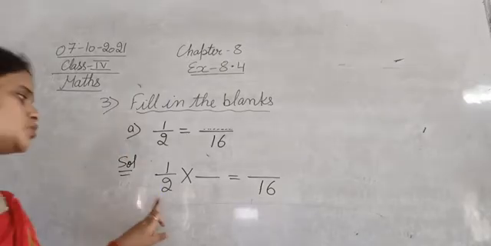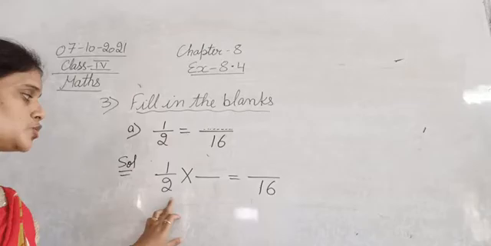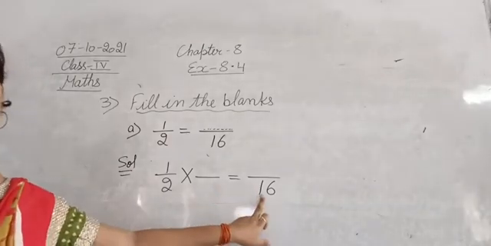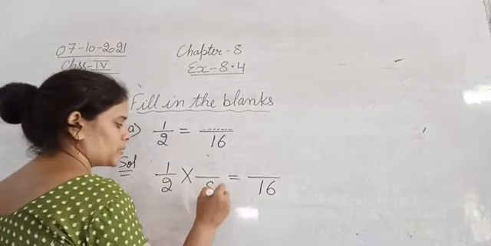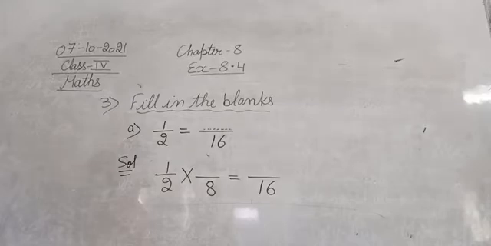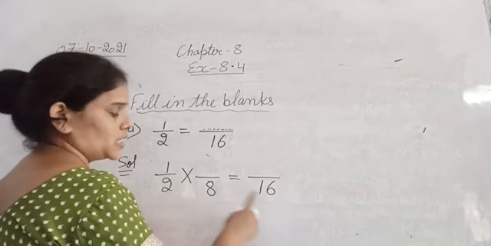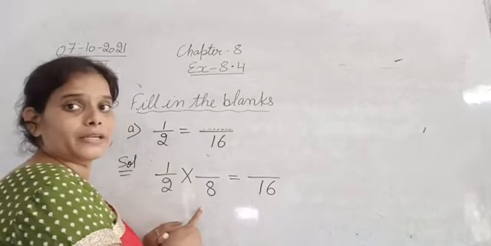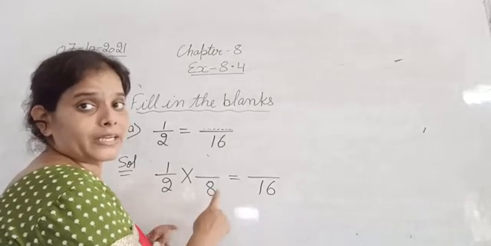So this 2 changes to 16. Now these two fractions are the same, but by which number should we multiply this 2 so that you can get 16? If we multiply 2 with 8, you will get 16. 2 8s are 16. So see, the number by which our denominator has been multiplied, similarly with the same number we are going to multiply the numerator as well.